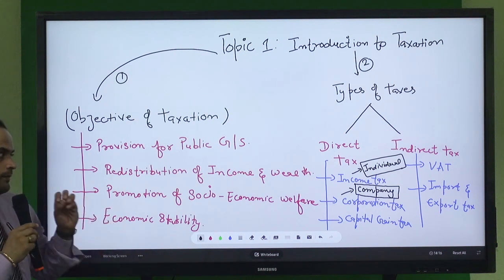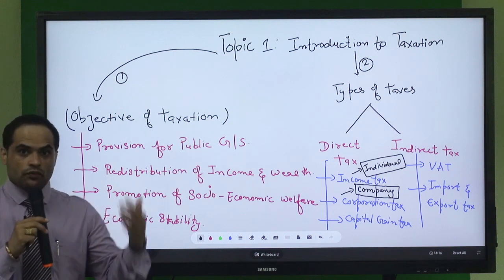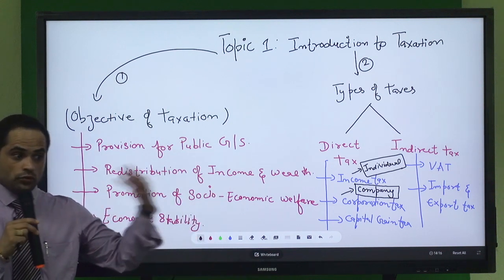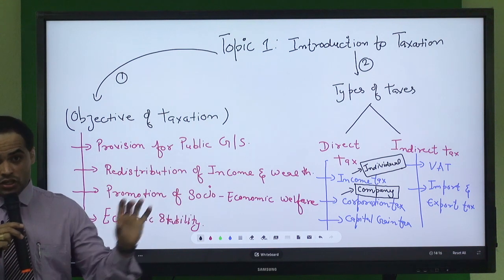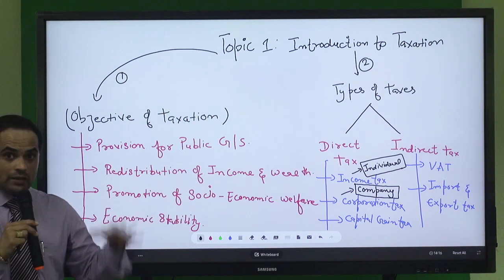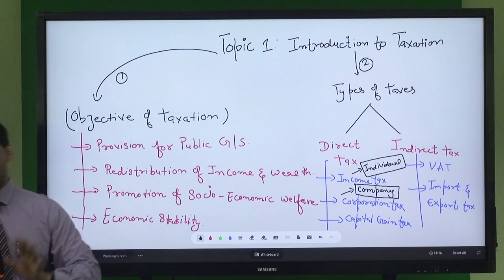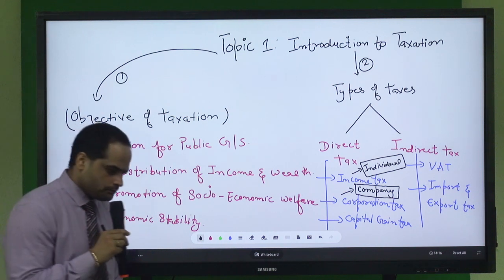Of course, under the Company Act, the definition of a corporation is also explained. If you come under the definition of a corporation, then you are a corporation and you are liable to pay corporation tax, right?